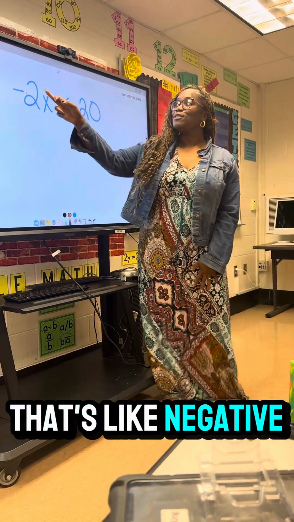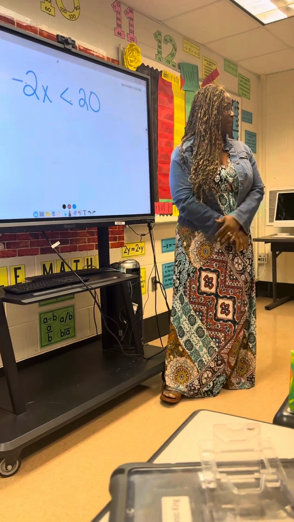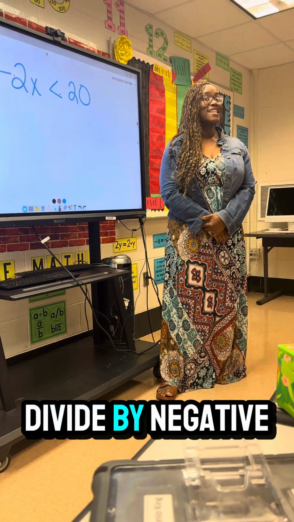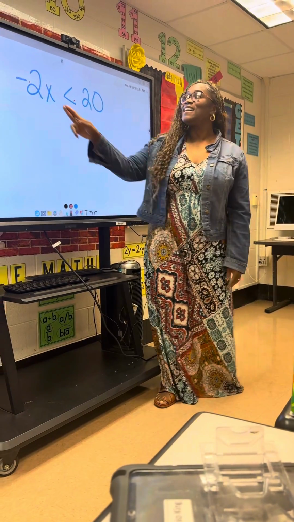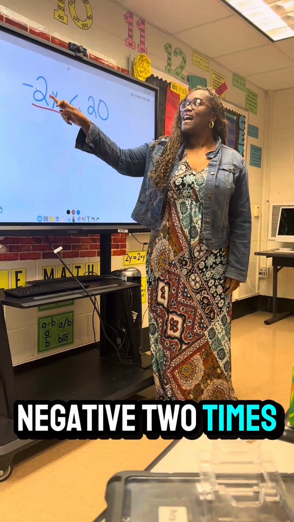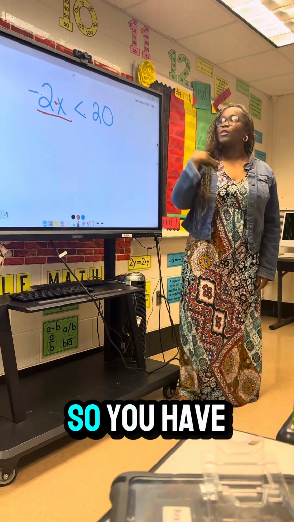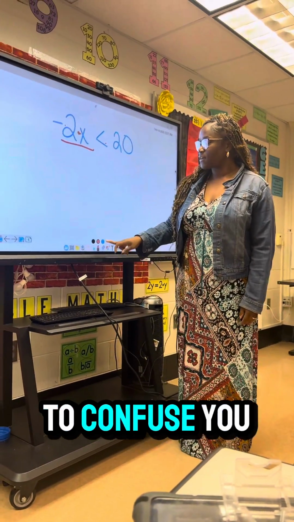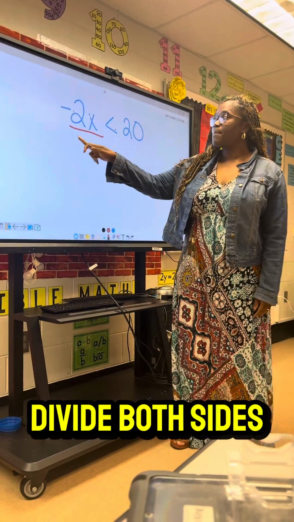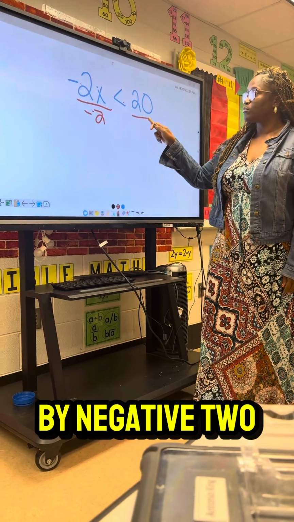That's like negative 2 times X. It's divided by negative 2. I don't want to confuse you. In this problem, you have to divide both sides by negative 2.